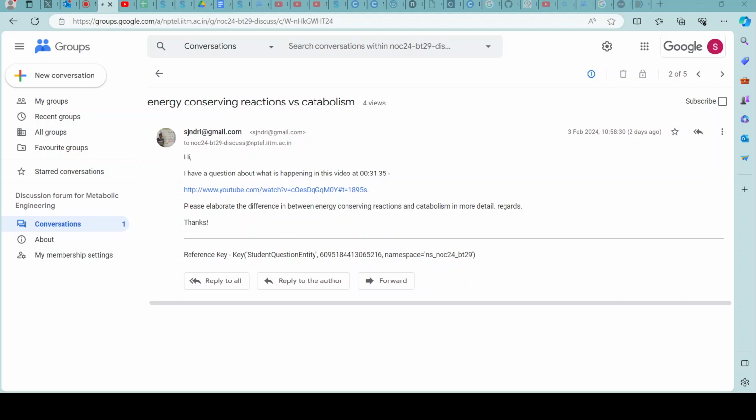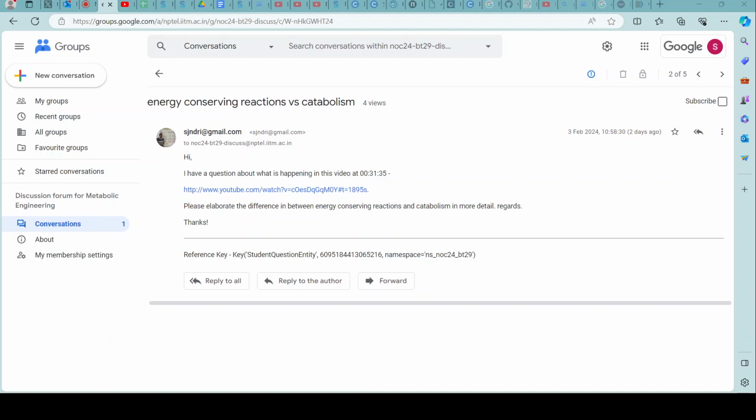In the video lectures itself, we have discussed the proton motive force, where we see an electrochemical gradient of hydrogen ions on one side of the membrane. When there is a higher concentration of hydrogen ions and they move from higher to lower concentration, that activates ATP synthase to produce ATP. So there are two different kinds of reactions that can conserve energy: one through the bonds in phosphates, the other through these electrochemical gradients.